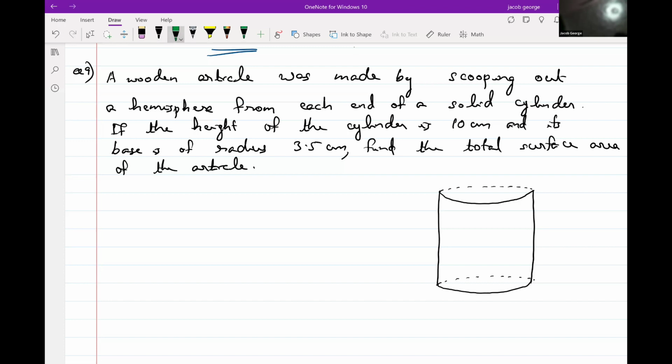So like this, two hemispheres are scooped out. Here one hemisphere, here also one hemisphere. From each end, these hemispheres are taken out. Like this hemisphere is scooped out, and at the bottom also a hemisphere is scooped out.